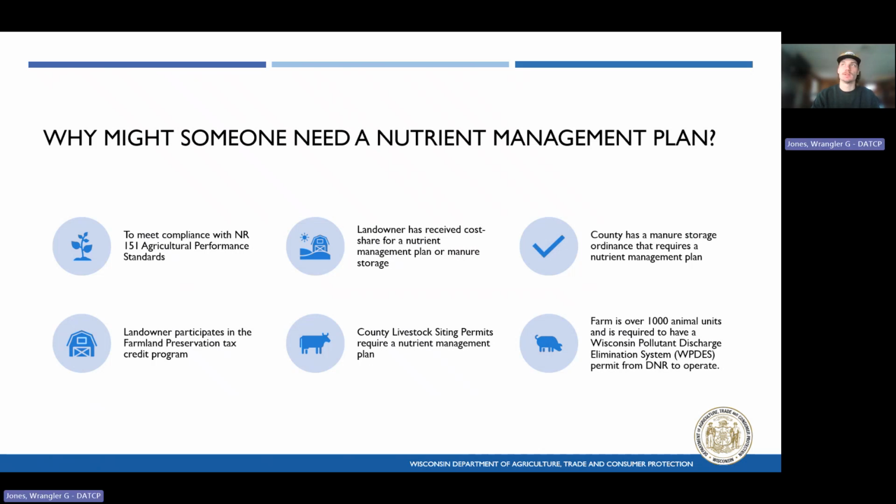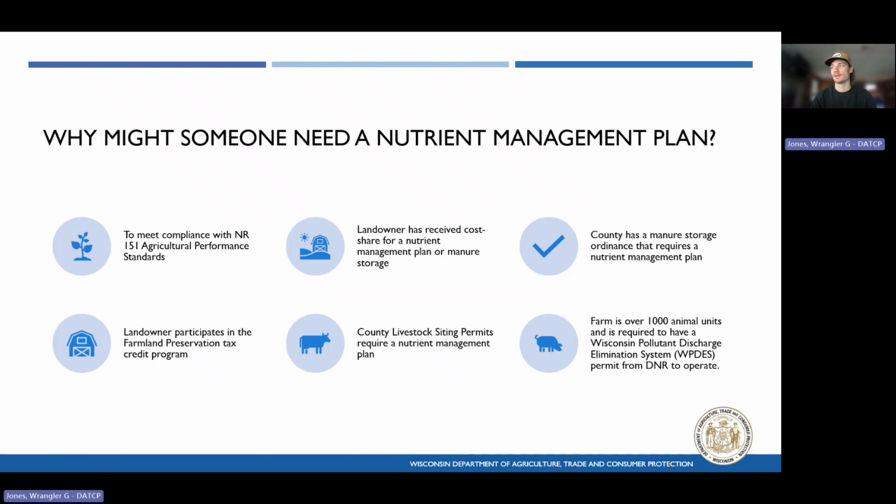So why might someone need a nutrient management plan? If they're trying to be compliant with our NR 151 agricultural performance standards, if they're getting tax credits through farmland preservation, they need an up-to-date nutrient management plan. The landowner has received cost share for a nutrient management plan or manure storage facility.